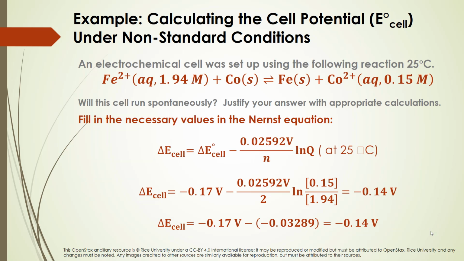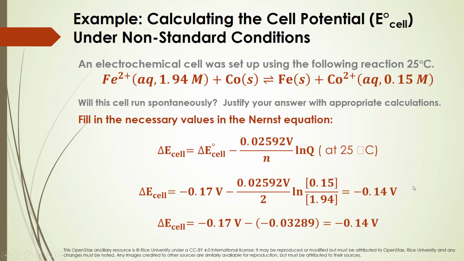What we need to do is plug our values into the Nernst equation. Let's go ahead and plug everything in. Negative 0.17 volts for our standard cell potential, 2 electrons transferred in the reaction, our constant divided by that, multiplied by the natural log of products, so that would be 0.15 molar cobalt 2 plus cations, divided by reactants, 1.94 molar for the iron 2 plus cations.